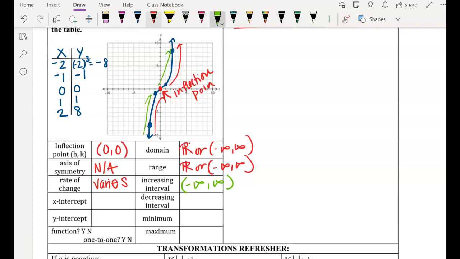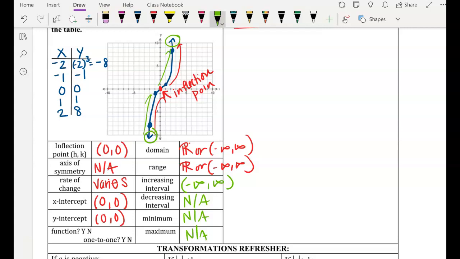Since this is the parent function, the x and y intercept are both going to be at the same point, which is at the origin. Since the entire function is increasing, there is nothing left for decreasing because every single x value is already used. There's no min and there's no max, because there's not a highest or lowest since we have an arrow here and another arrow at the top.